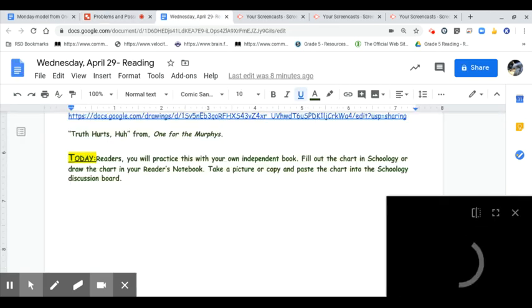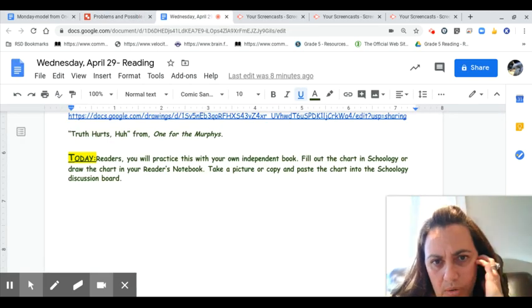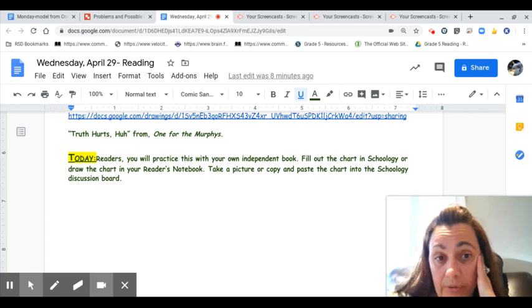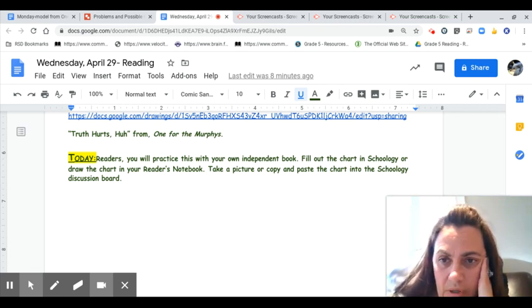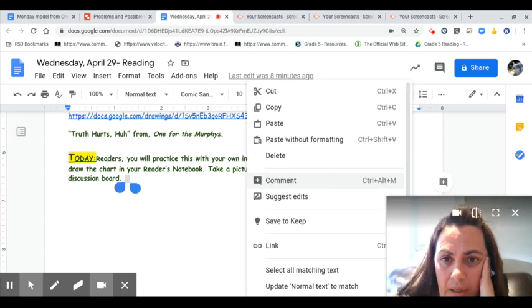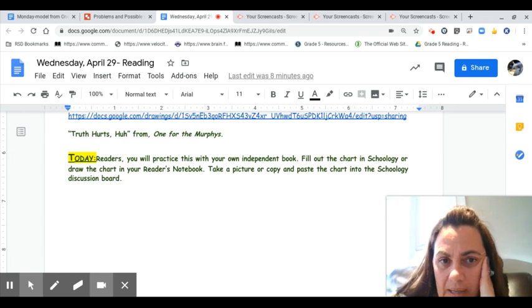And then here it looks like we want you to fill in the chart in Schoology, or again, what I said before, you could do it in your reader's notebook. But then you'll have to take a picture or copy and paste the chart into the Schoology discussion board.